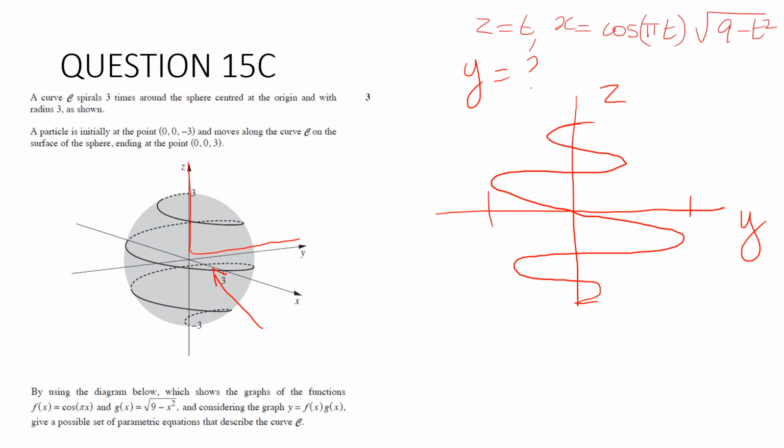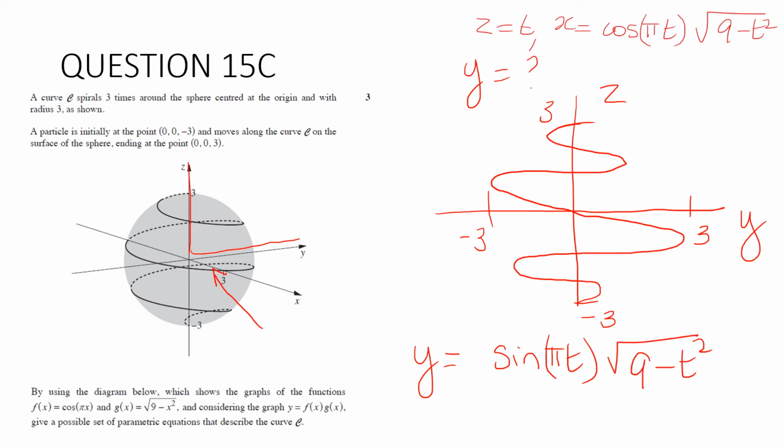Three and -3. So you're probably thinking, hopefully you're thinking, well, that's not cos, it's sine, and you are correct. Y is indeed equal to sine pi t square root of 9 minus t squared.